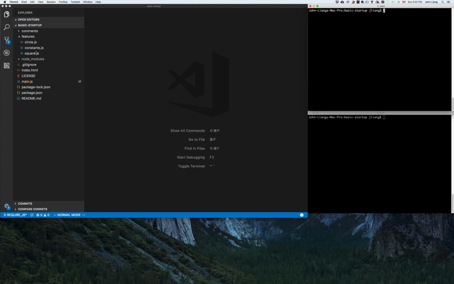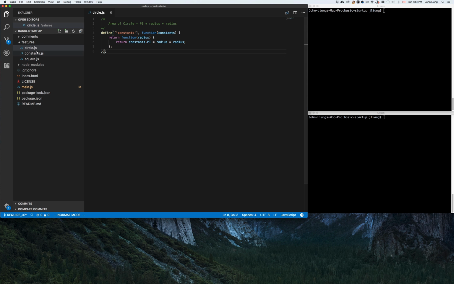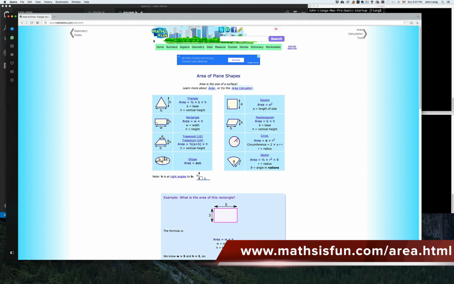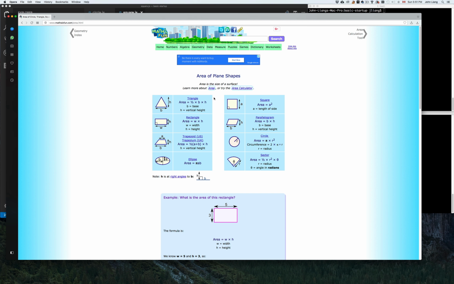Last week we had the module for calculating the area of a circle and the module for calculating the area of a square. Let's bring up all the formulas. Last week we did the square and the circle.